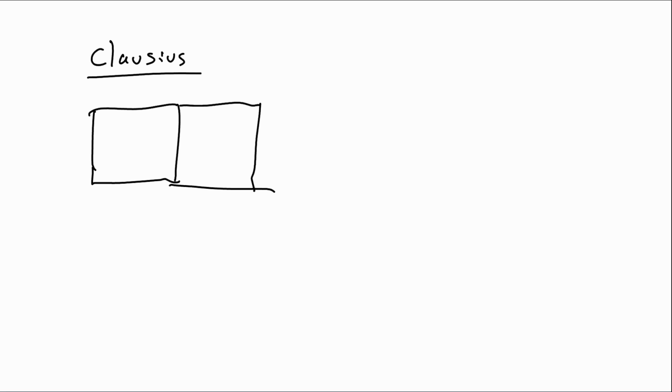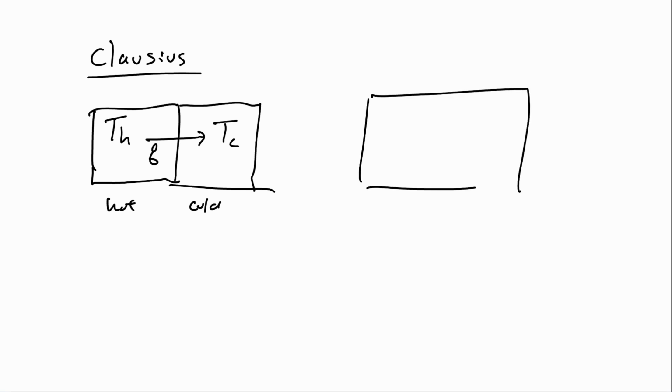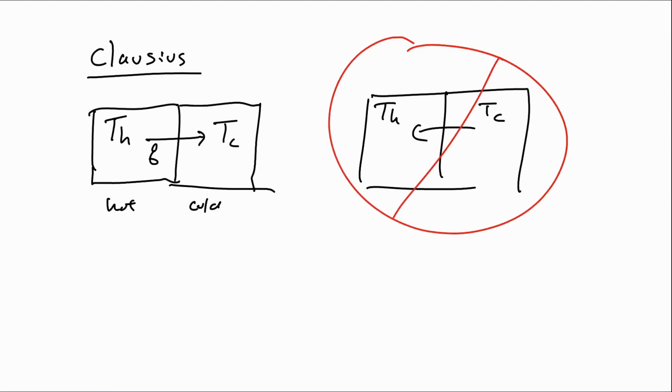But this Clausius, he basically says, and the words are in your book, if I have a hot thing, T sub H is hot and cold. That's okay. But this, no, that can't happen.